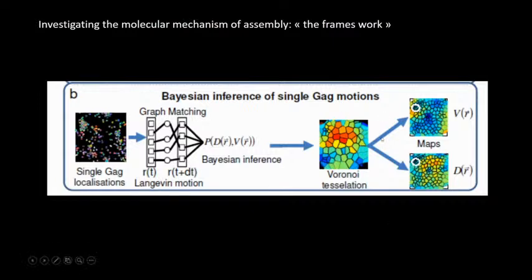Based on this Voronoi tessellation, we then applied the Langevin motion, and we ended up with two different types of maps. One map describes the local potential that could be responsible for the directed trajectories we have seen previously, and the other one is the diffusion map, which is without directionality and without attractivity.